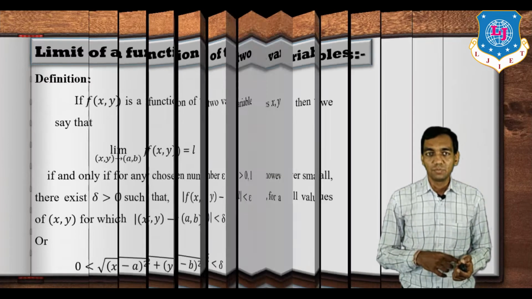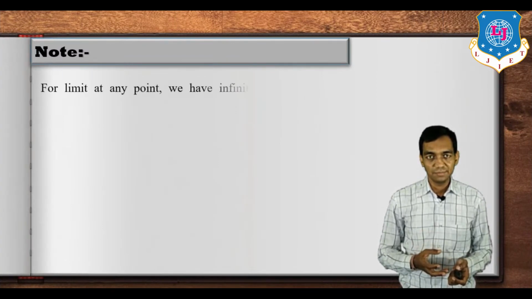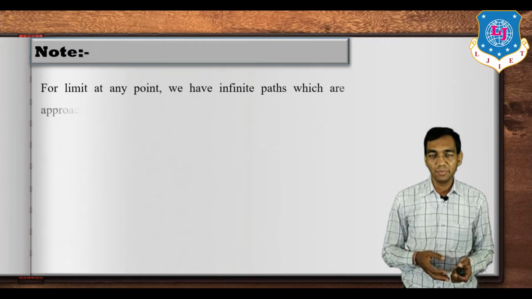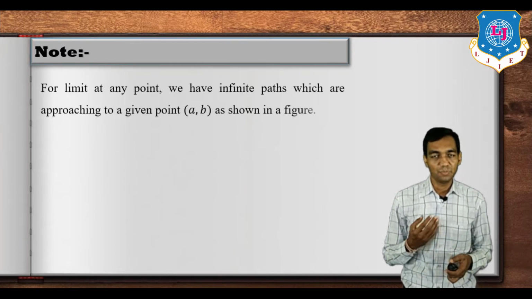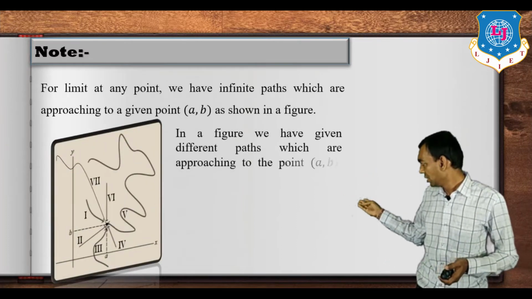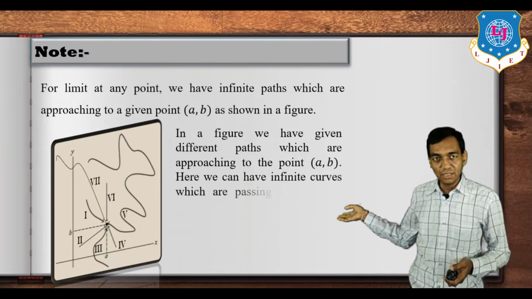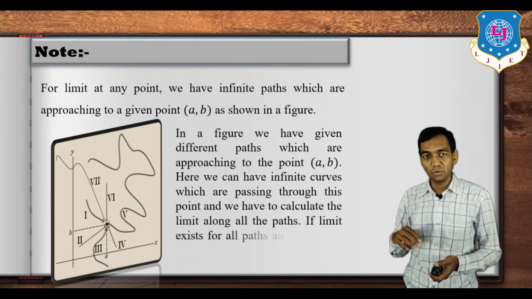Generally, we are not using the epsilon delta definition to find the limit. For finding the limit at any point, we consider the path approach. Here in the figure, we have given 7 different paths which are going to the point a comma b.